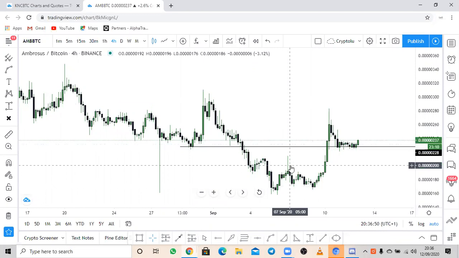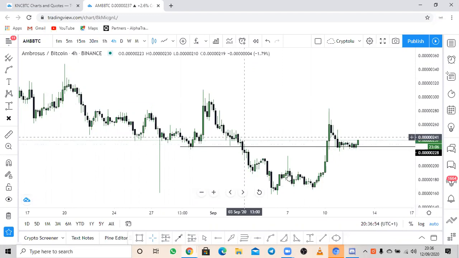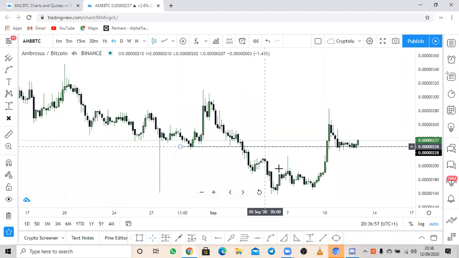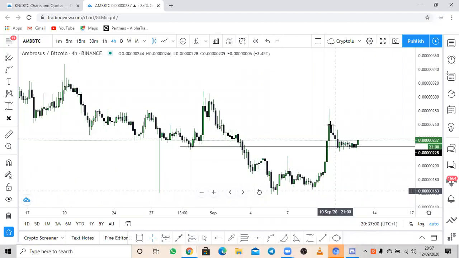Price broke through the support level here and it turned to resistance as long as price was still below it. But now we are back above it and we are back for the test of that same support again.